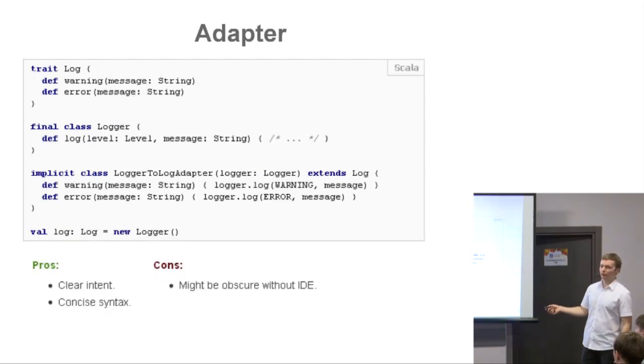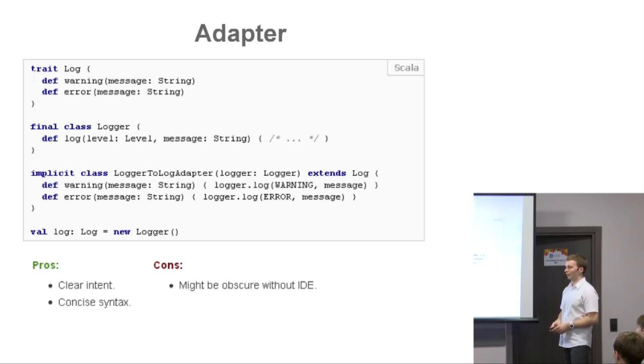Scala provides a direct concept of adapters expressed as implicit classes. So the code is basically the same, yet we declare our adapter class as implicit. So the compiler will automatically insert all the required conversions implicitly. Here's an example.